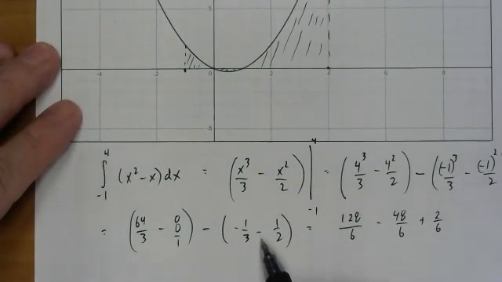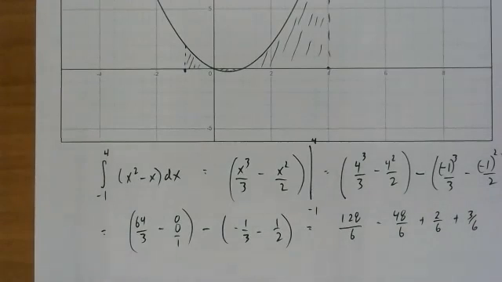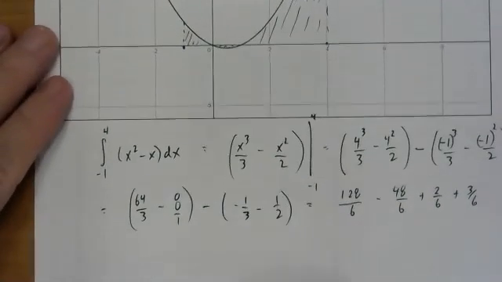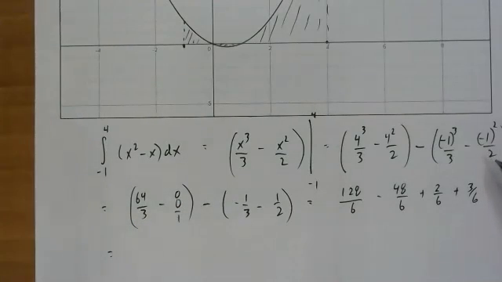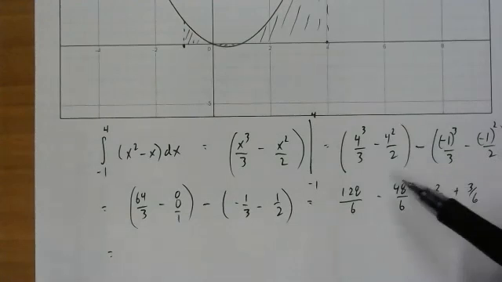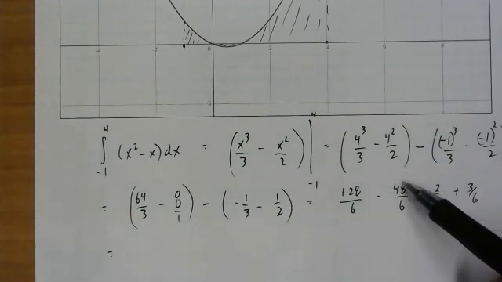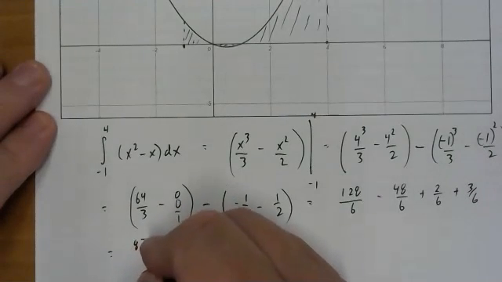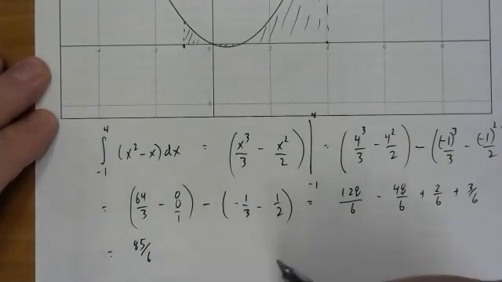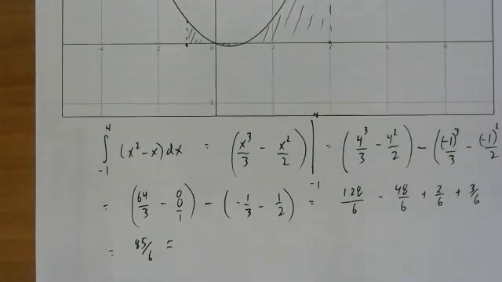So I'm going to subtract a -3/6. So now I'll try and do this in my head, but 128 minus 48 should be 80. 80 plus 5. As a fraction, it's 85 over 6.